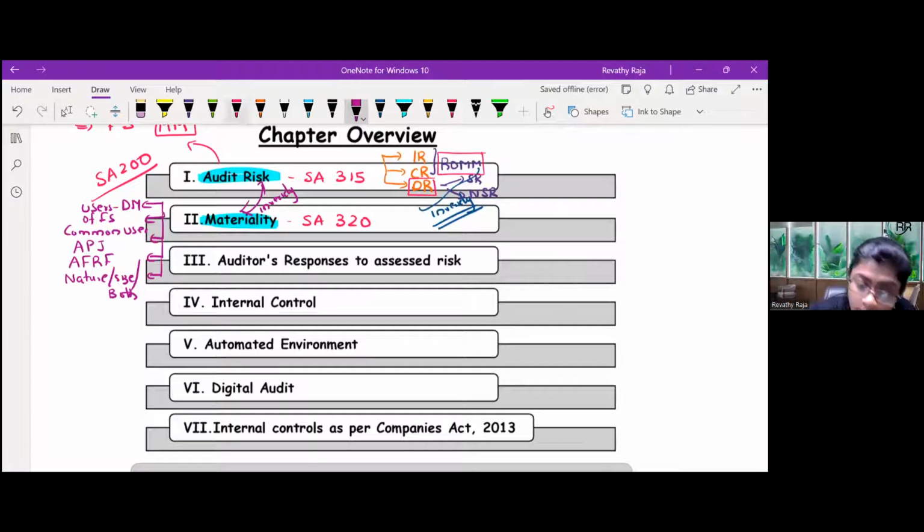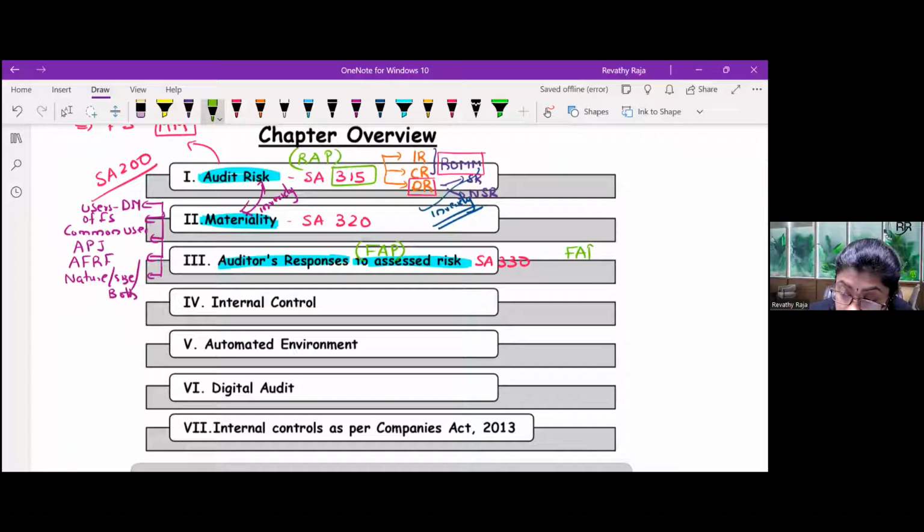Now, moving on to the next, which is auditors' responses to assessed risk. Auditors' responses is nothing but SA 330. In SA 315, for risk assessment, we will be performing RAP, risk assessment procedures. For responses, we will be performing FAP, further audit procedures.